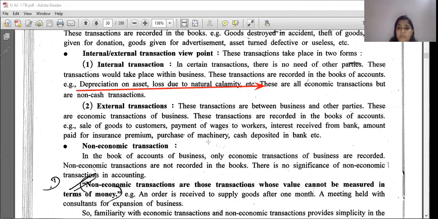Either you are paying to the bank for interest, to your debtor, to your creditor, receiving interest from the bank, or paying wages and salary to your employees, all are external because it is not coming within the organization.